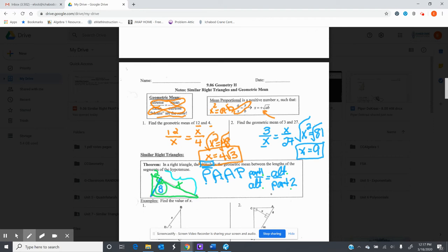So remember, 8 is your altitude. 8, again, is the altitude. 2 is considered a part, meaning part of the big hypotenuse. So 2, along with the rest of the segment, x, make up the entire hypotenuse of the right triangle.